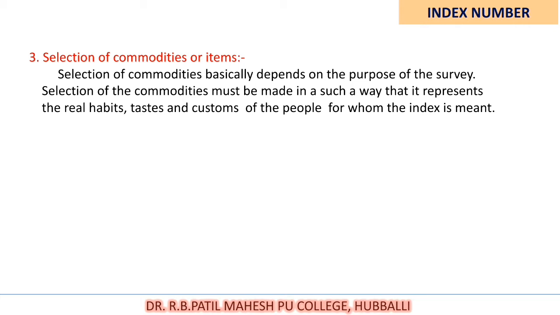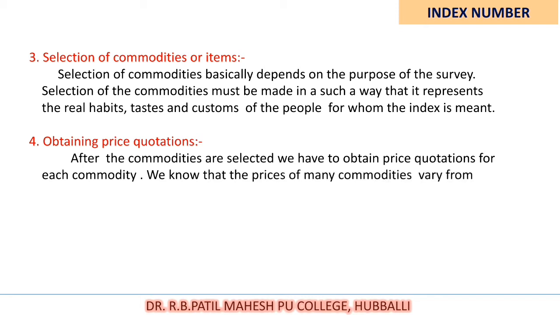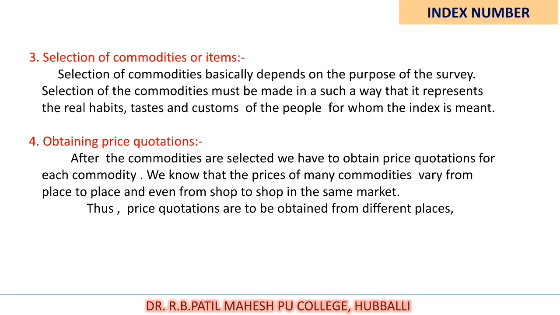Now we have selected the items. The fourth step is obtaining price quotations. After the commodities are selected, we have to obtain price quotations for each commodity. We know that the prices of many commodities vary from place to place and even from shop to shop in the same market.